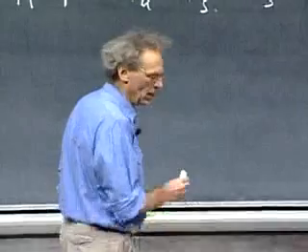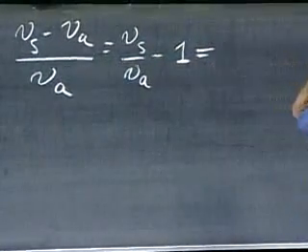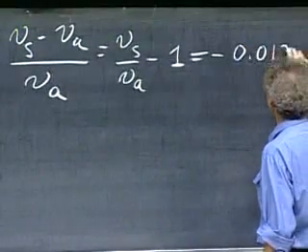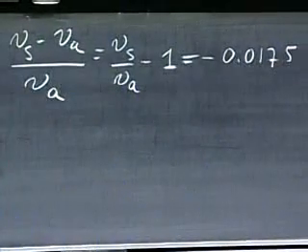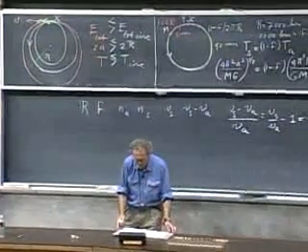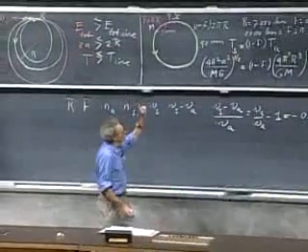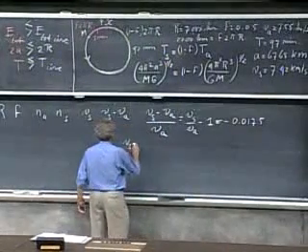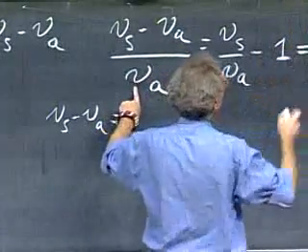And I'll give you an example. Suppose you find for this dimensionless number minus 0.0175, which is the solution for NA is 1 and NS is 1. So you'll see that. The computer will generate that number for us. If now we take our orbit for 7,000 kilometers, we know what Va is, and so we can calculate now that Vs minus Va is Va times that number, but we know what Va is, 7.55.